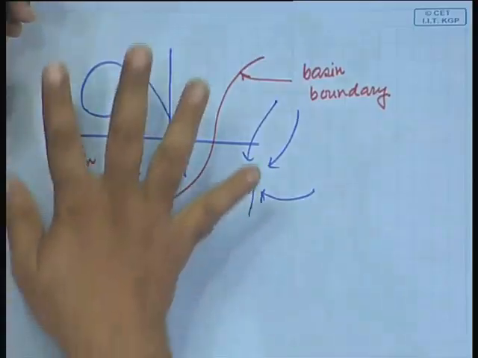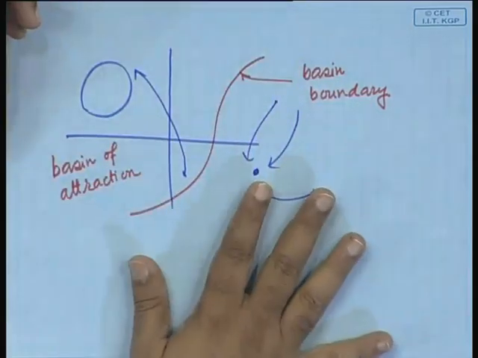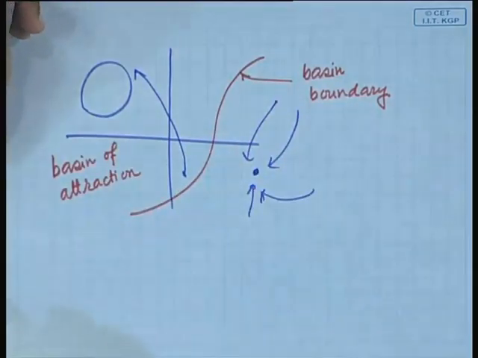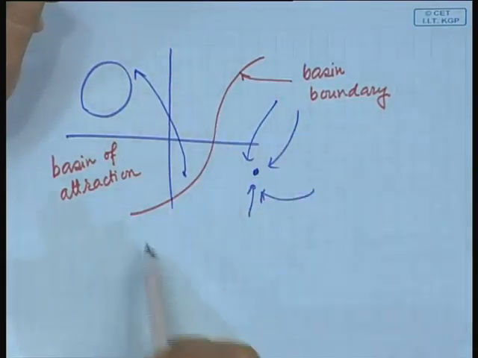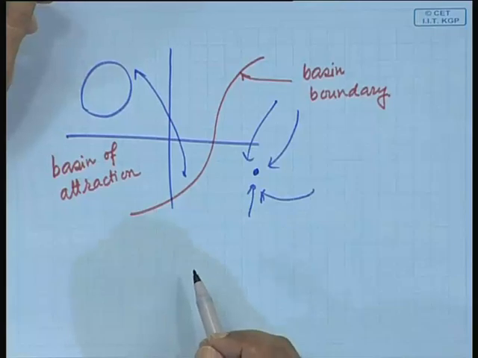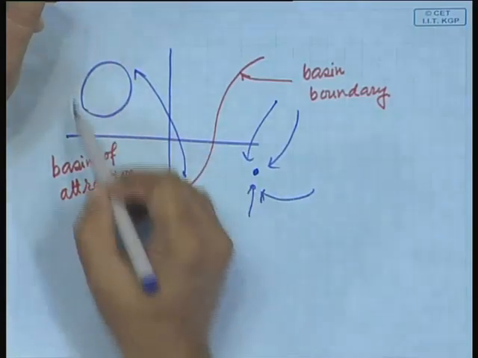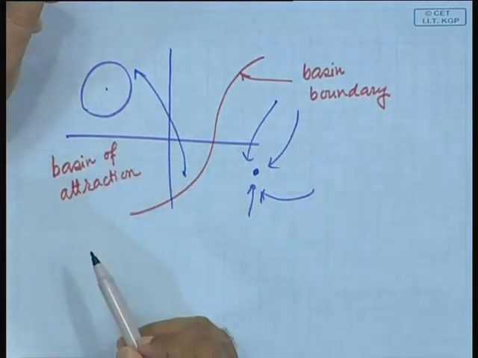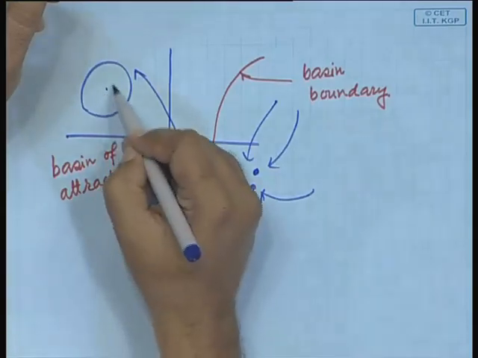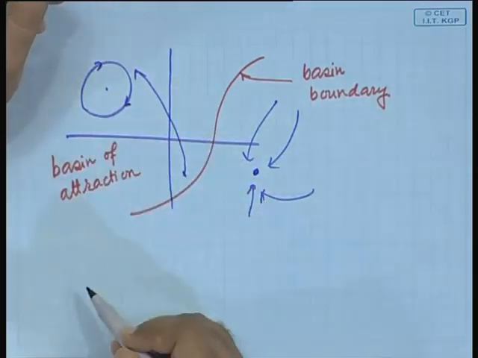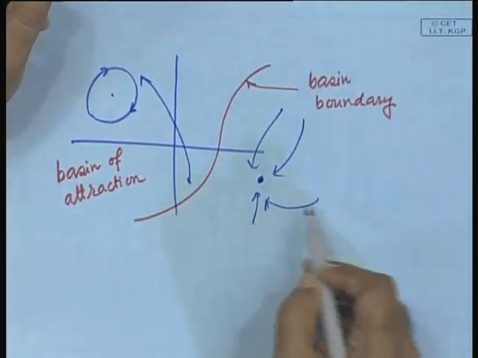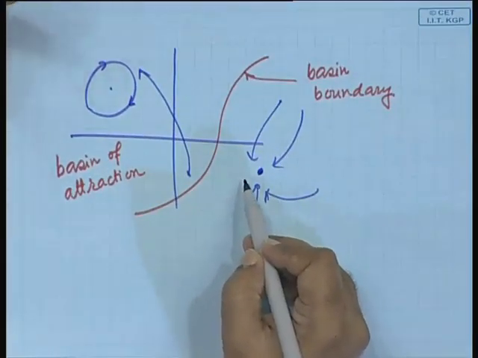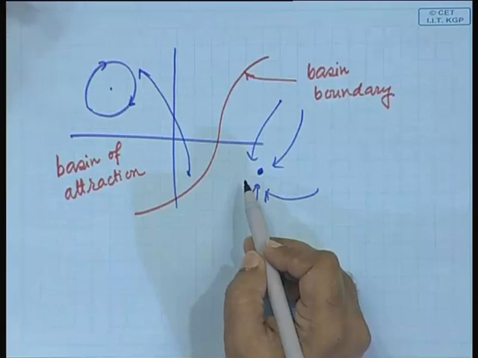So, you have different attractors in different parts of the state space, and there is no upper limit, but one thing is sure, that the number of attractors is also related to the number of equilibrium points. For example, here there was an equilibrium point inside which had become stable, and so this is now the attractor. If it is a point, then it is a point attractor, which means it is also an equilibrium point.